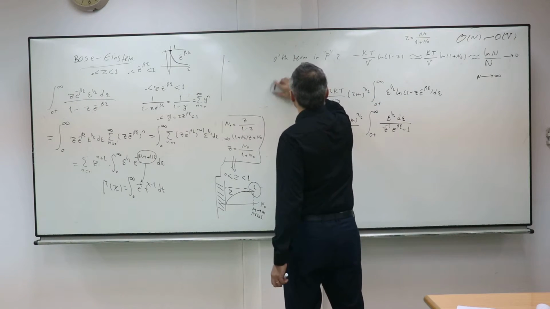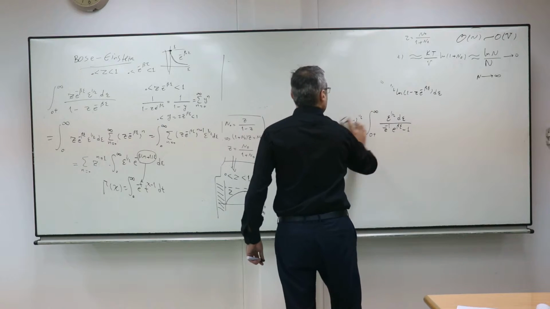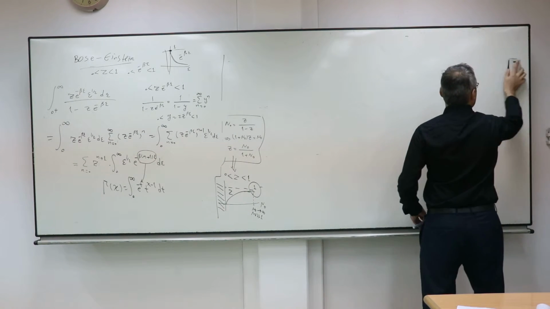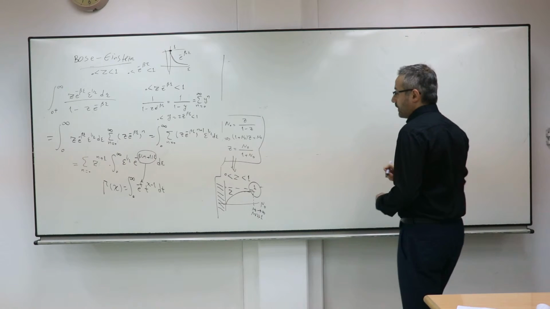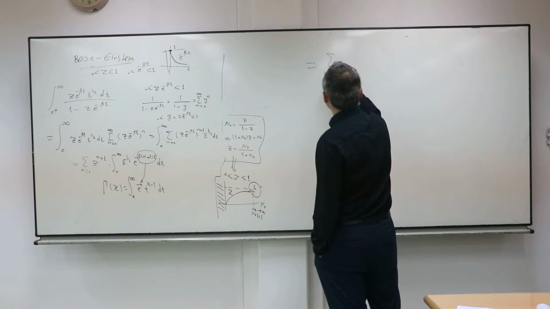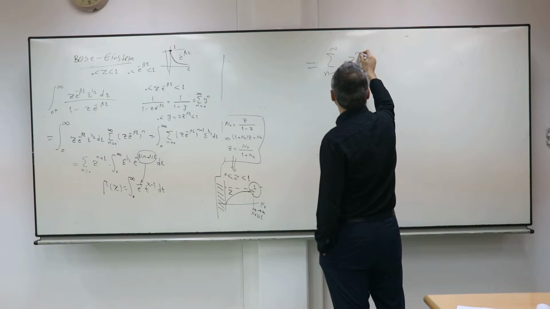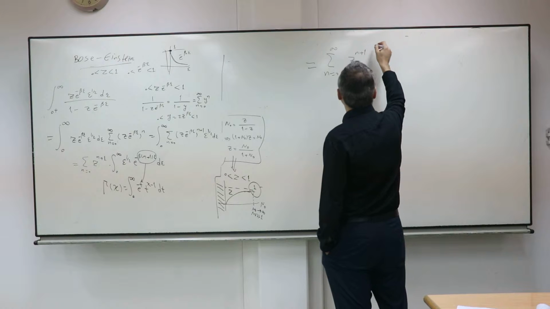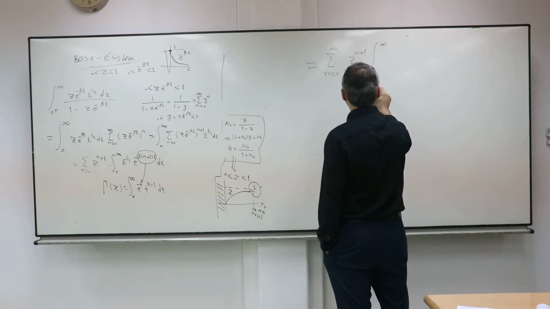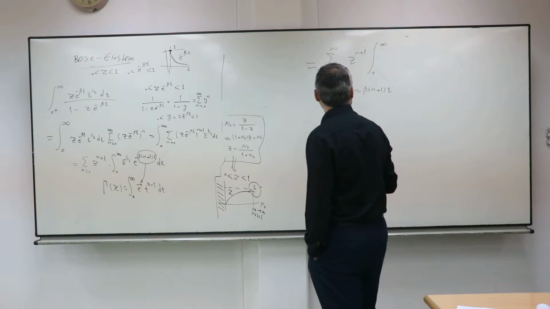So I want to evaluate the integrals. I'm continuing. So sum over n from 0 to infinity, z to the n, power 1, integral 0 to infinity. Now I change the variable from t to e.